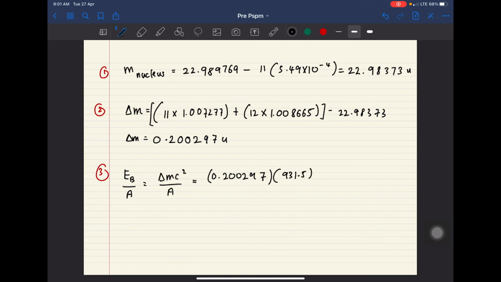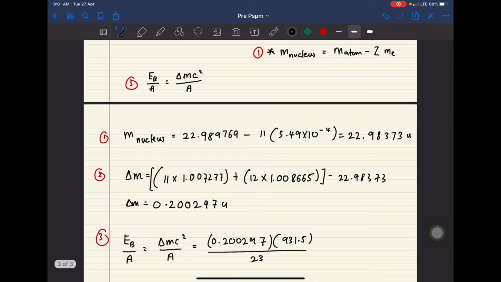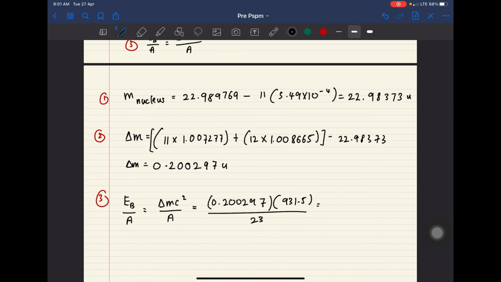Remember, you don't have to square that one. Divided by the number of nucleons, which is 23, that is your A. Then you should get 8.11. You can round this off to 2 decimal places: 8.11 mega electron volts per nucleon, or you can write MeV nucleon minus 1.